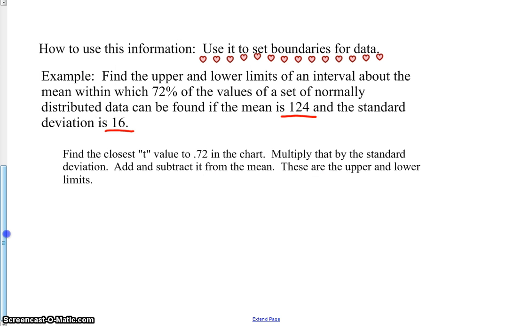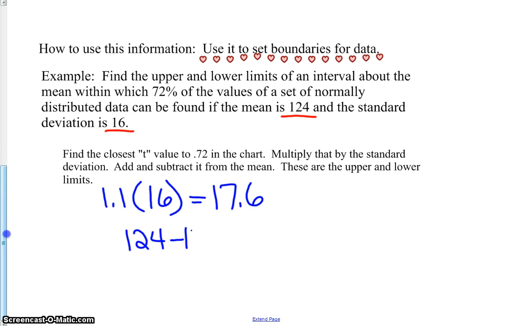So now we're simply going to take 1.1 standard deviations and multiply that by the standard deviation. So we get 17.6. That means 1.1 standard deviations is 17.6. We're simply going to subtract it from the mean and add it to the mean to get our boundaries.